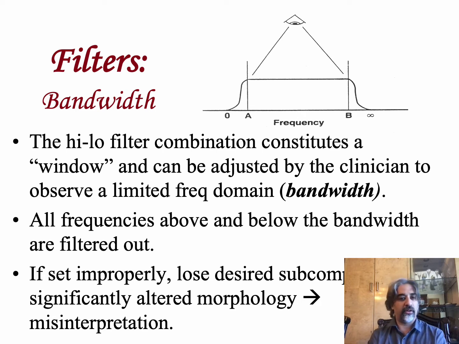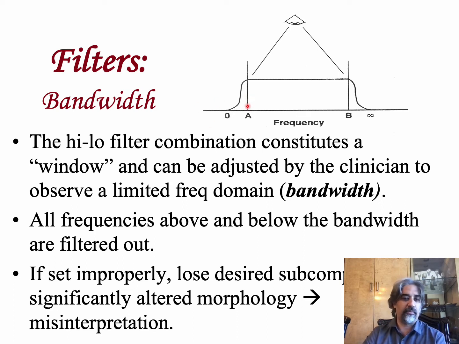One thing I would like you to know, though, is bandwidth. When we have a high frequency filter, it's going to remove everything above a certain frequency. So if we've set this frequency to 2 kilohertz, then 2 kilohertz and above will be removed. If we have a low frequency filter, then we're going to remove everything from here down. So let's say it's 60 hertz.